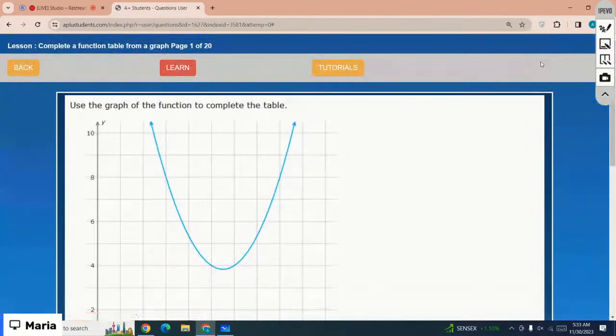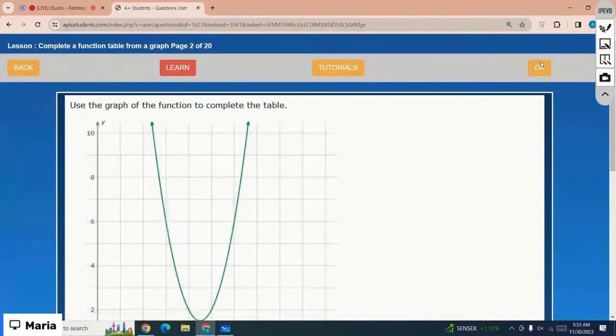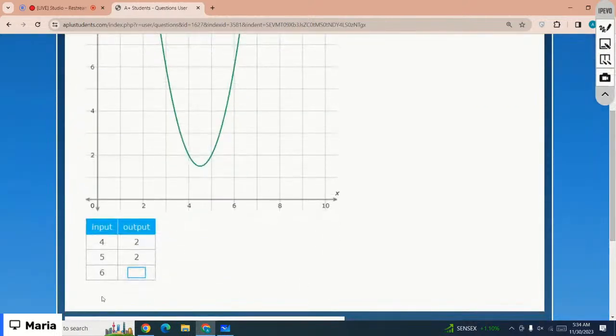Okay, the next one is use the graph of the function to complete the table. Okay, you have to evaluate x equals 6. You need to calculate the value.